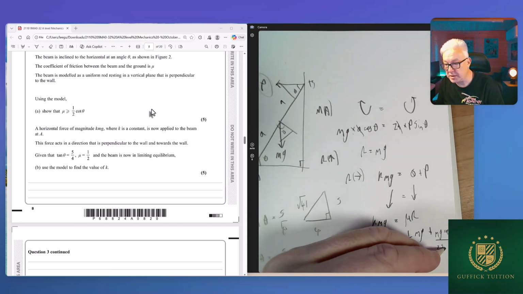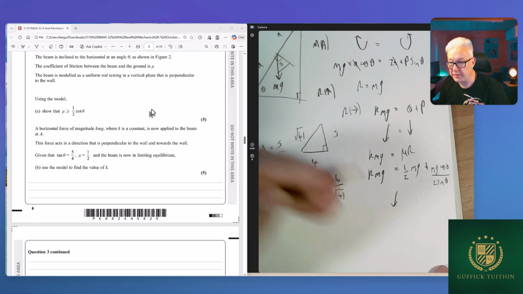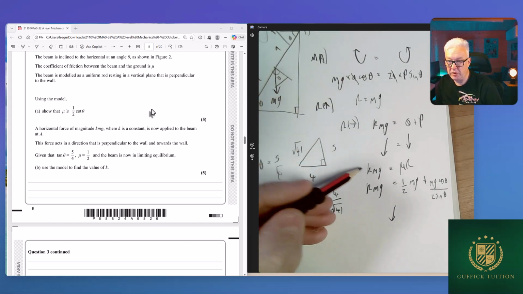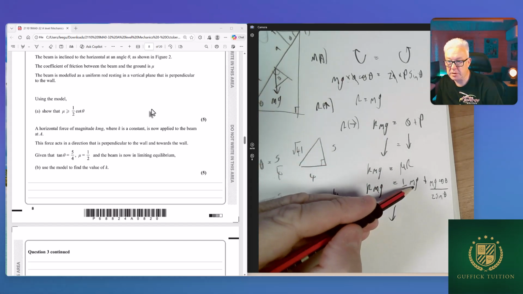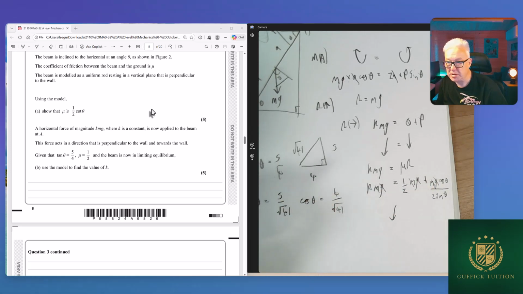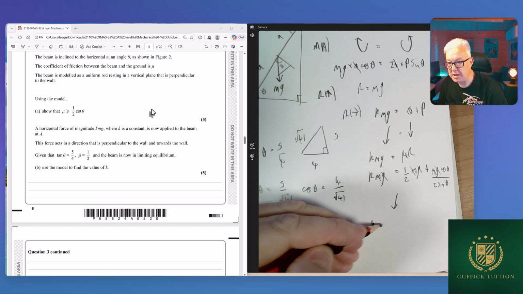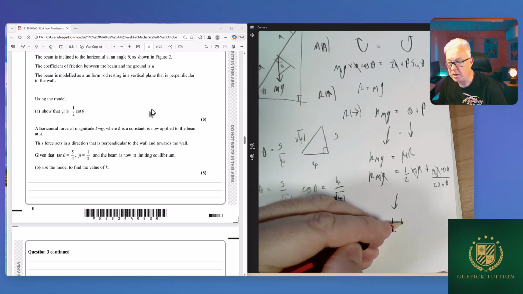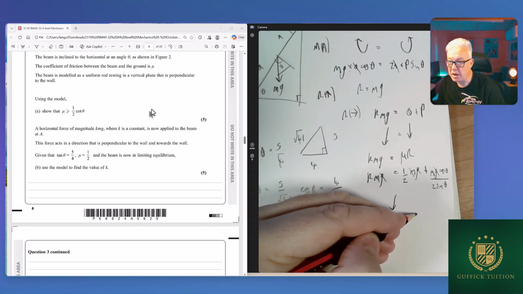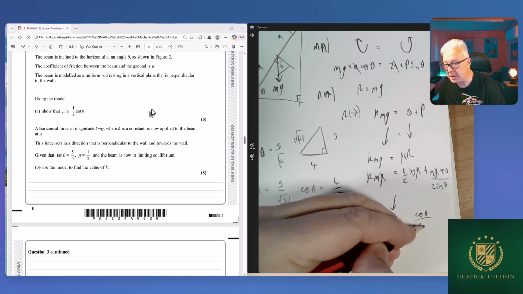Hopefully something's going to drop out of this. m is common to all three terms, and g is common to all three terms, so we can cancel those out. So we've now got that k is equal to a half plus cos theta over 2 sine theta.